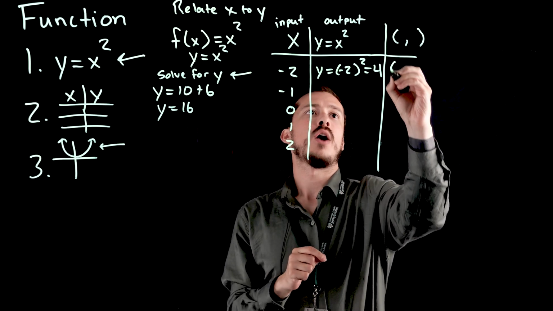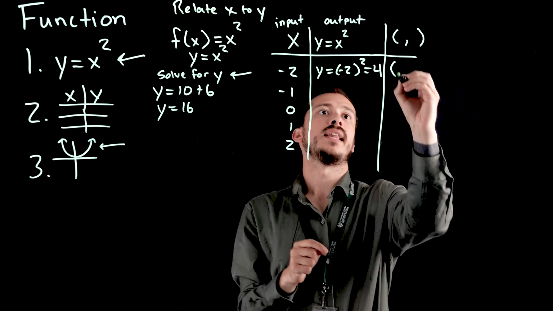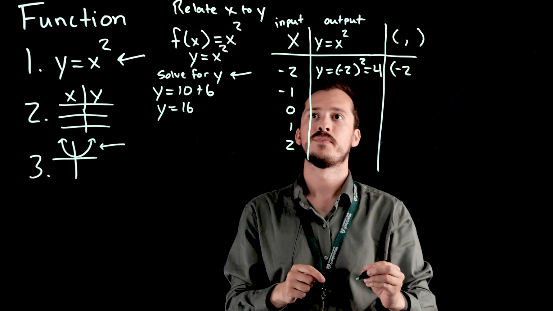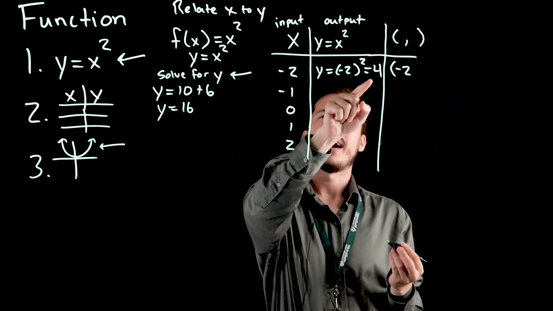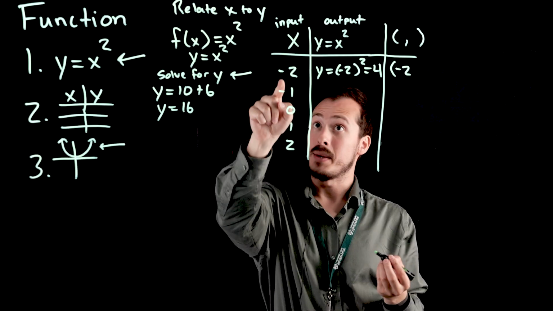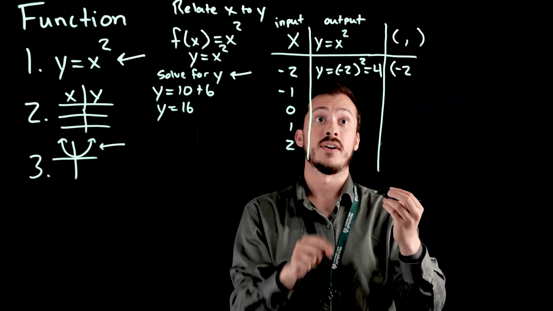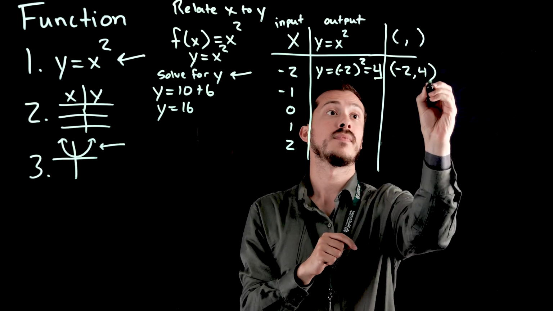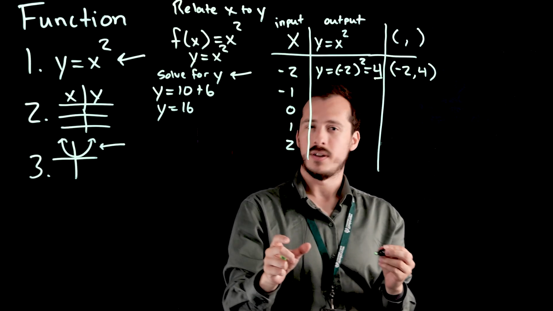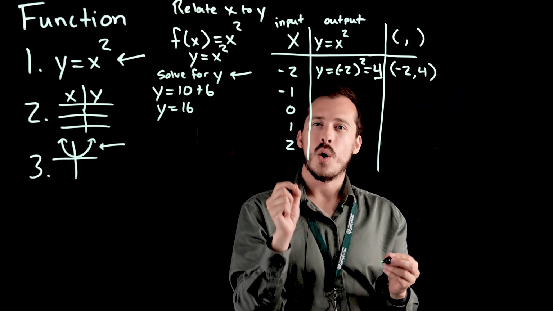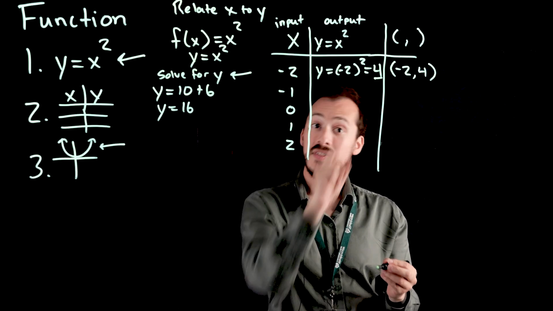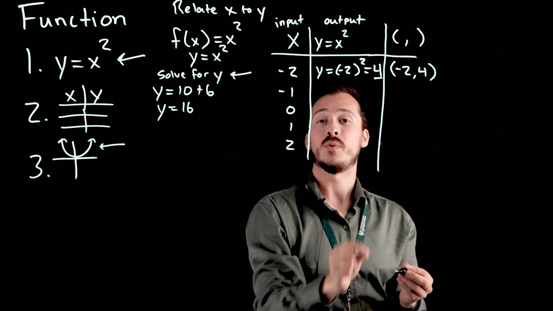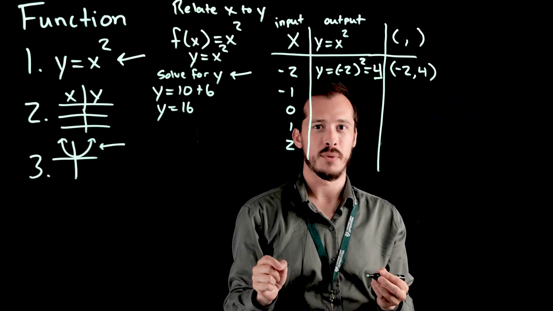We're going to draw our parenthesis, we're going to label our -2, and then we're going to label our answer that we got after we put -2 inside our function, which in this case equaled 4. And what we have as a result of doing this is a coordinate point. This is the key thing we need before we move on to step number 3.